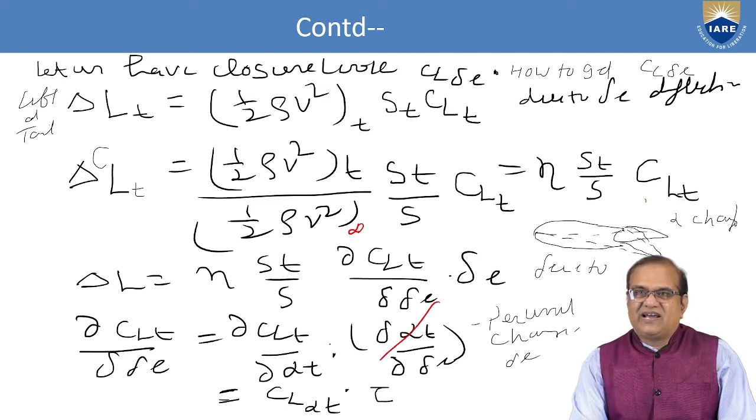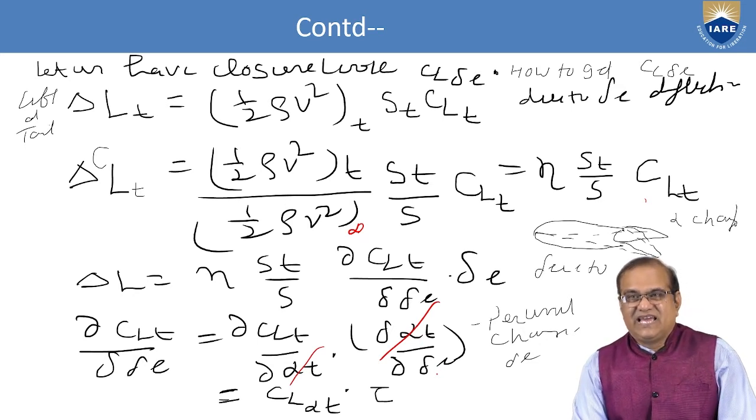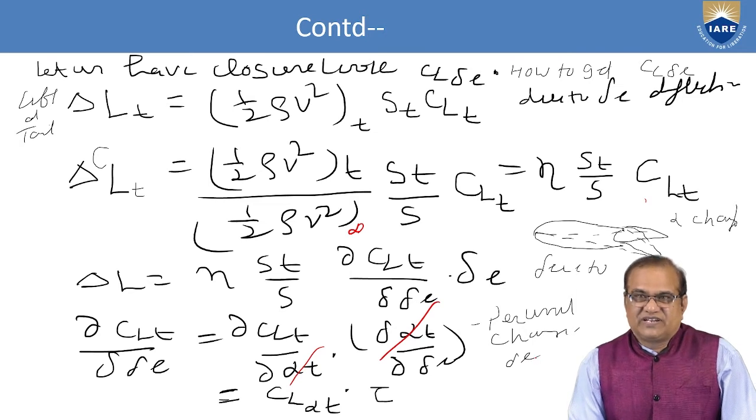So this alpha and alpha cancel. So here you will get dCLT equal to CL alpha T into tau. And this tau is the ratio of the change in alpha T and the change in delta E. This is called tau, and this tau is a performance characteristic of the elevator deflection.